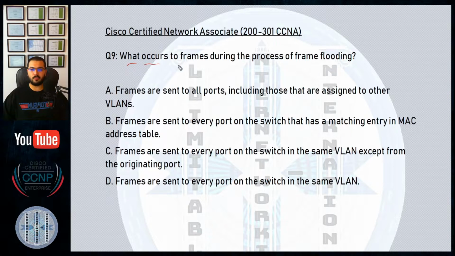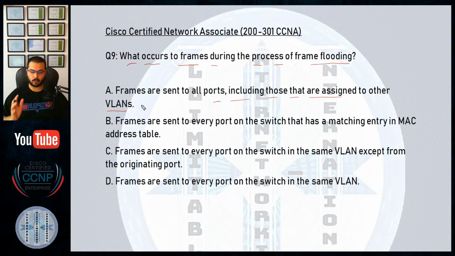What occurs to frames during the process of frame flooding? When a switch receives a broadcast message or a frame for an unknown destination, it floods it everywhere except the port that sent it. Frames are sent to all ports, including those that are assigned to other VLANs. No, you do divide your switch into multiple VLANs, so if one of the VLANs had a problem, it will be its own problem.